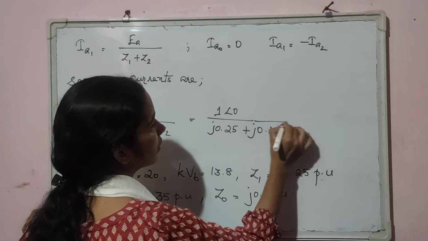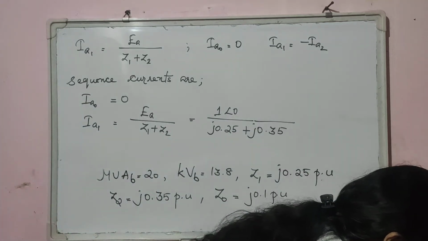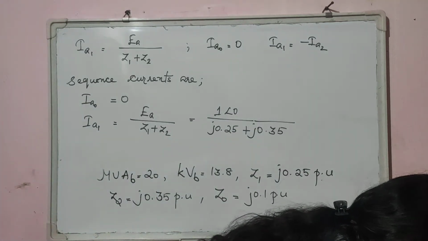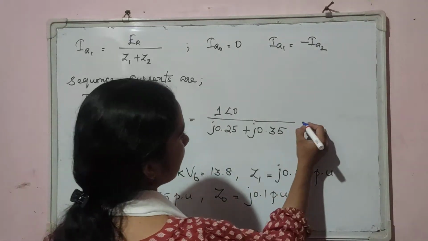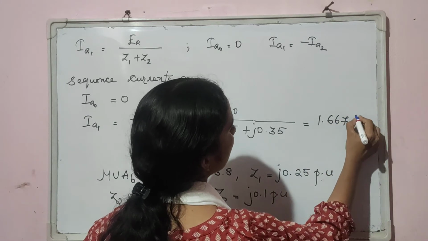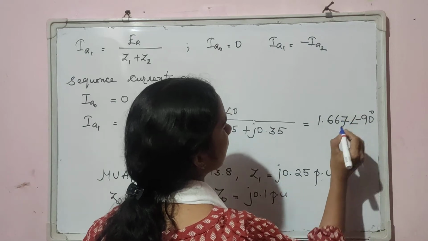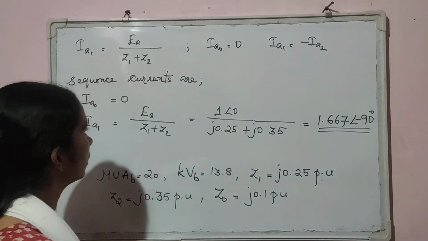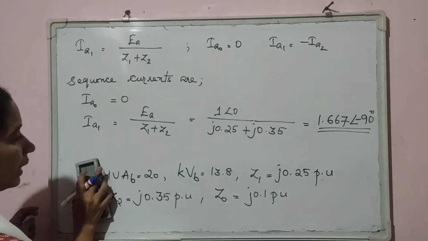Okay. So on solving this, we will get the value of IA1, and the value of IA1 here is 1.667 angle minus 90 degrees. So after getting the value of IA1, we can directly write IA2.